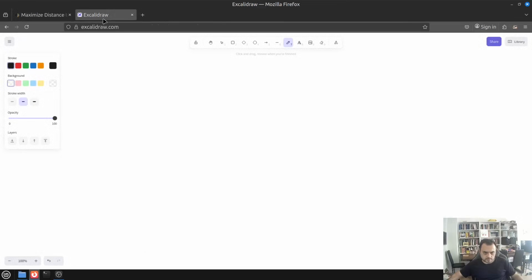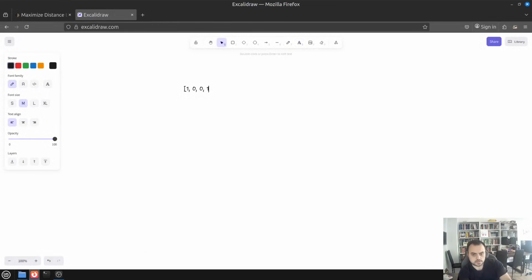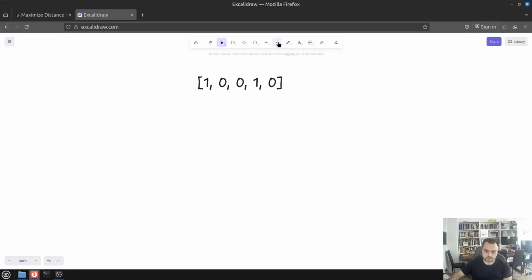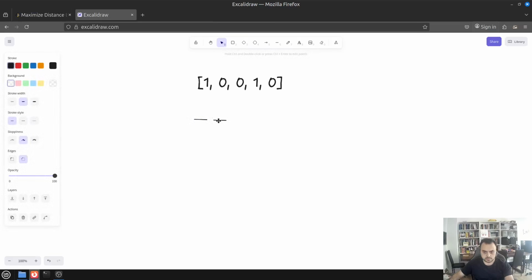Yeah, so we have something like 1, 0, 0, 1, 0, let's say. And that is represented by either a sitting person. Let's make it like this. So those are the seats.